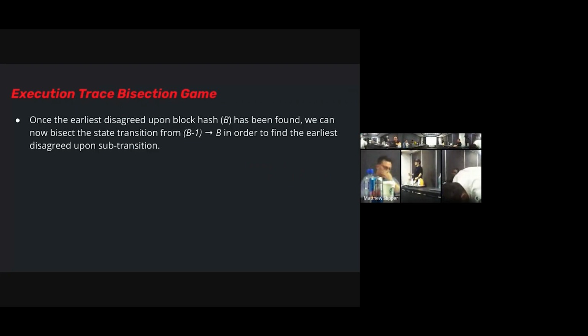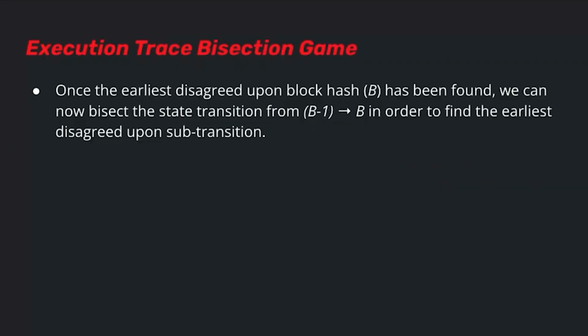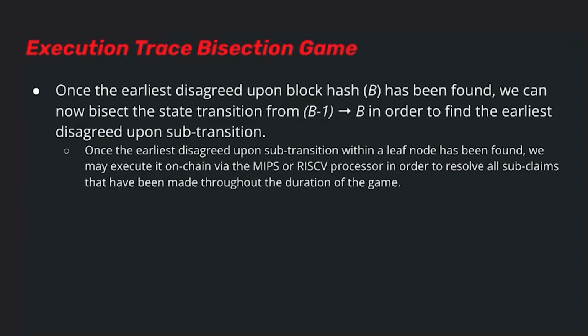Once that earliest disagreed upon block hash B has been found, we can now bisect the state transition from B minus 1 to B in order to find the earliest disagreed upon subtransition. And so once that subtransition within a leaf node has been found, we can execute it on chain via the MIPS or RISC-V processor in order to resolve all subclaims that have been made throughout the duration of the game.